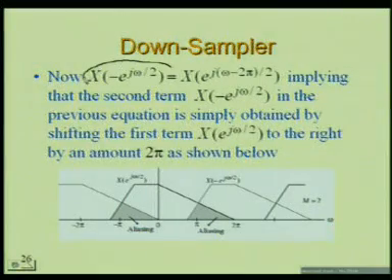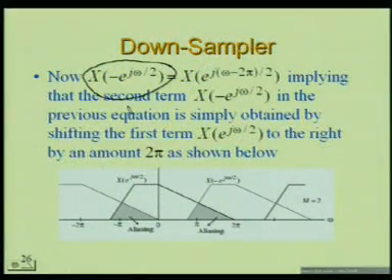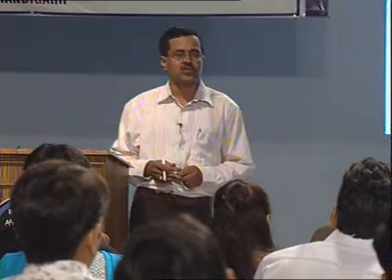Now, X(-e^(jω/2)) is equal to X(e^(j(ω-2π)/2)). I think this part is clear. I have already assumed that X(e^jω) is 2π periodic in nature.